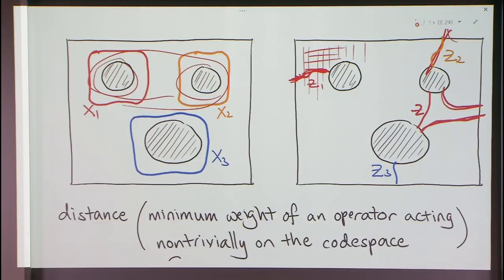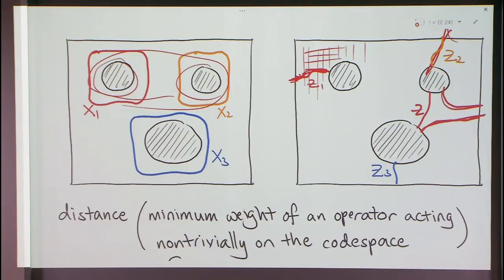Would that take you out of the code space? Let's see, no. Wouldn't it change the count that you were doing going across? No, I think a loop going around should be a stabilizer.